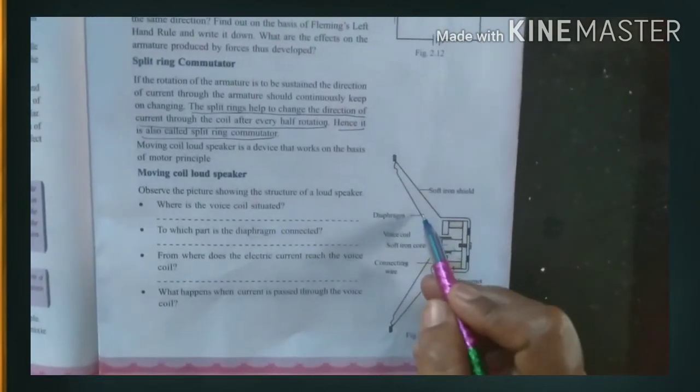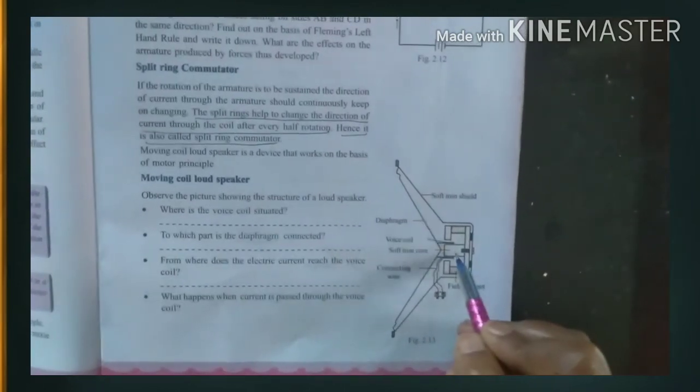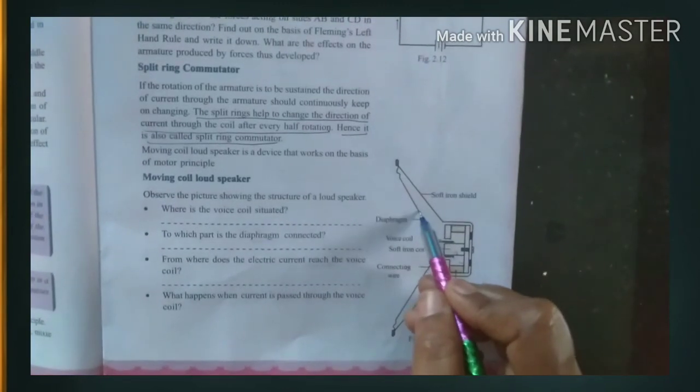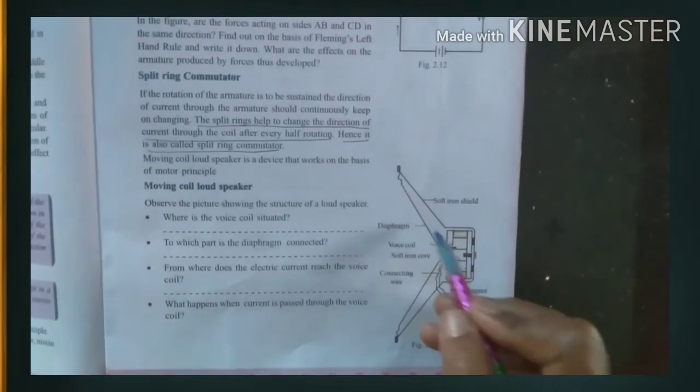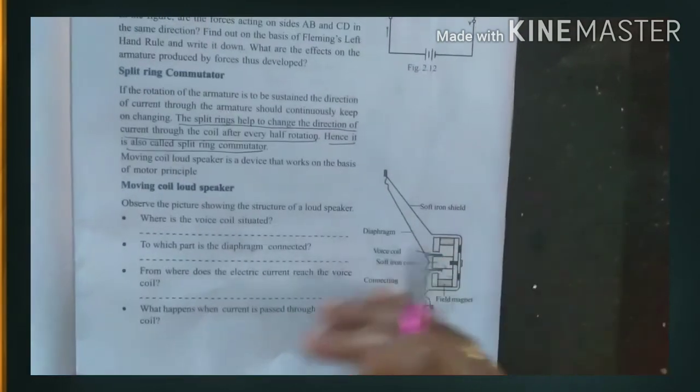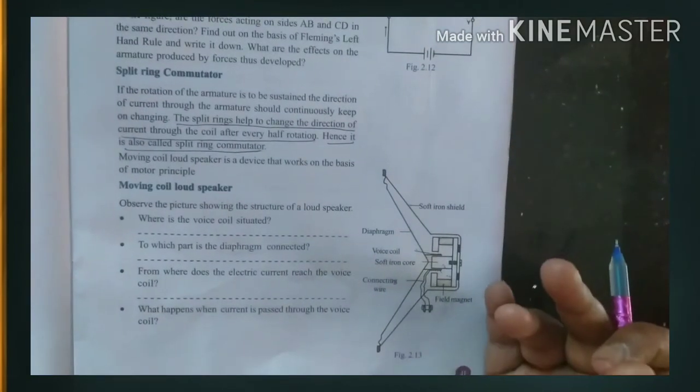So the diaphragm or the paper cone vibrates in accordance with the vibration of the voice coil, and as the diaphragm vibrates, the electrical energy is converted again into sound energy with higher amplitude. So the sound can be heard with higher loudness.